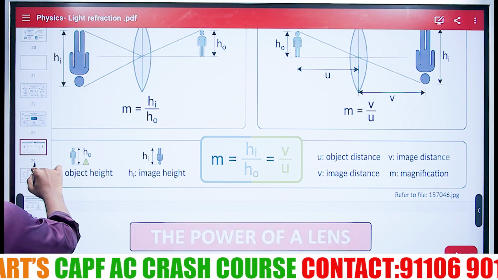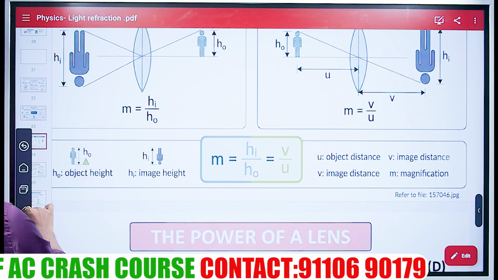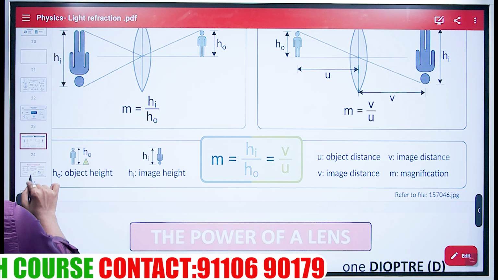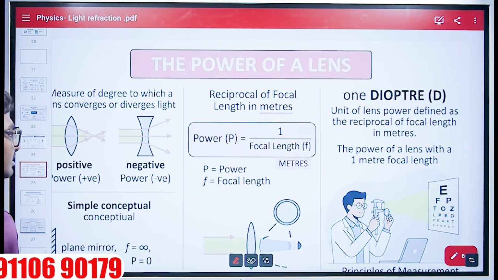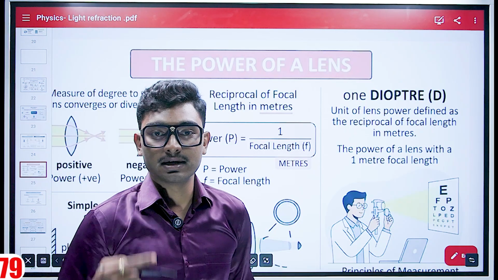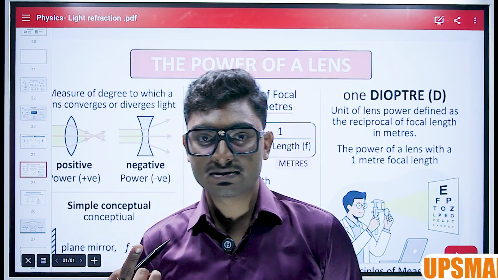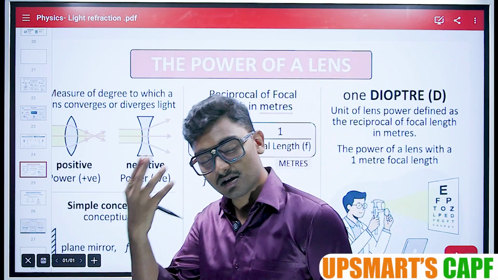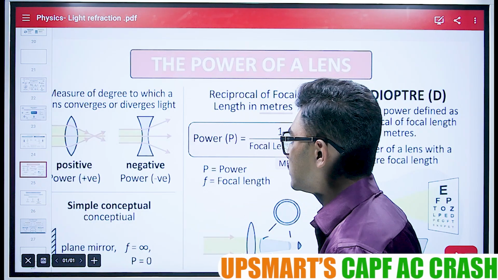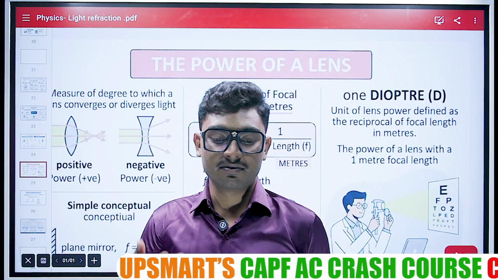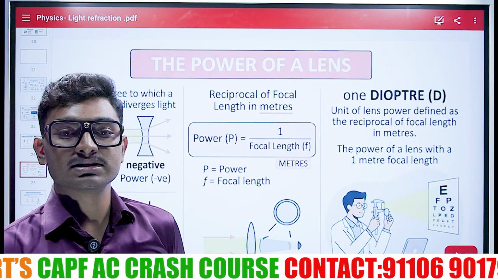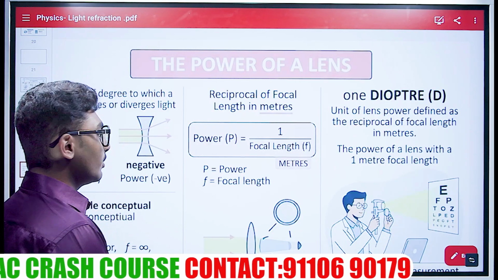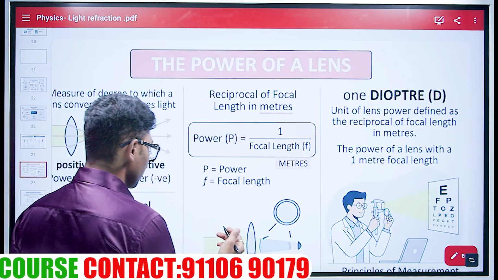So next, moving on, we'll go to the power of the lens. What is the power of the lens? It's very important. Many of you are wearing specs. So what is the power of your lens? We will always be telling that minus something, minus 1, minus 0.75 or minus 3. How do we define the power of the lens?